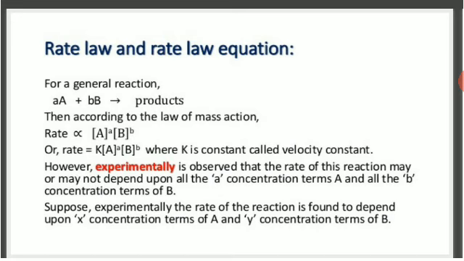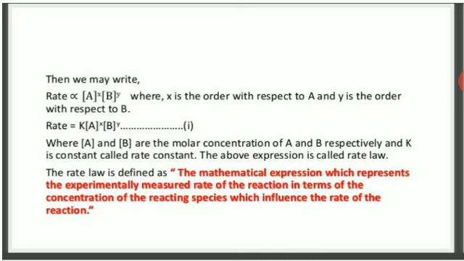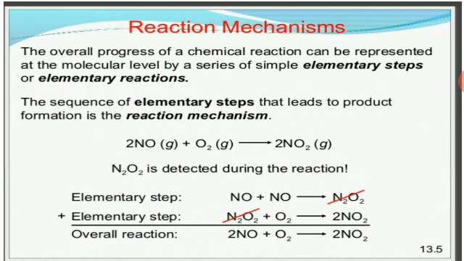But experimentally it has been proved that the rate is directly proportional to the molar concentration of A to the power x and the molar concentration of B to the power y. So, the rate law is defined as the mathematical expression of the experimentally measured rate of the reaction in terms of the concentration of the reacting species, which influence the rate of the reaction.